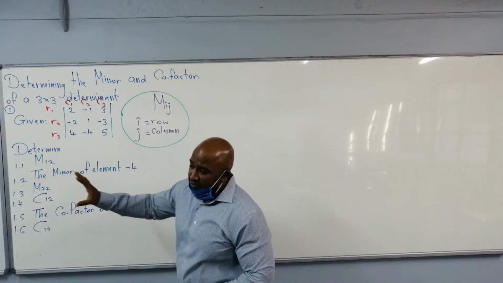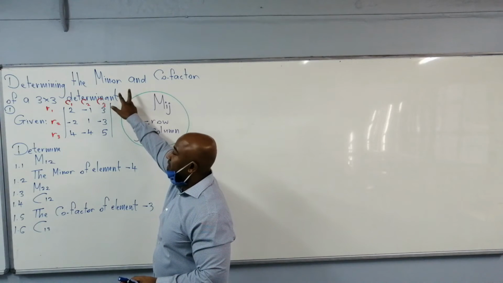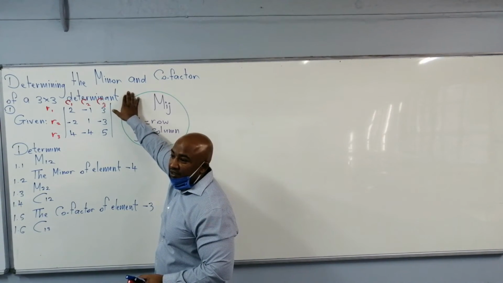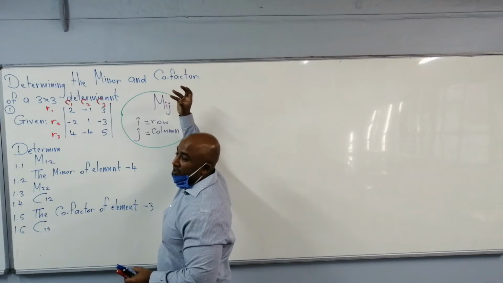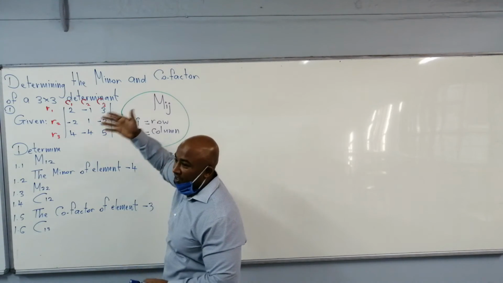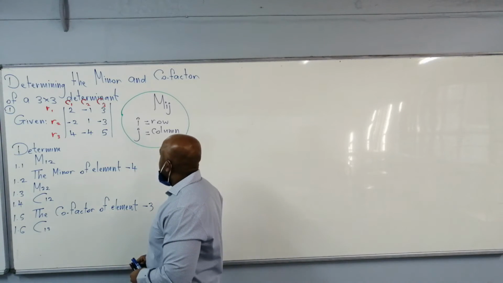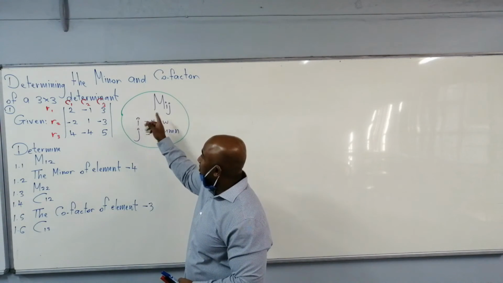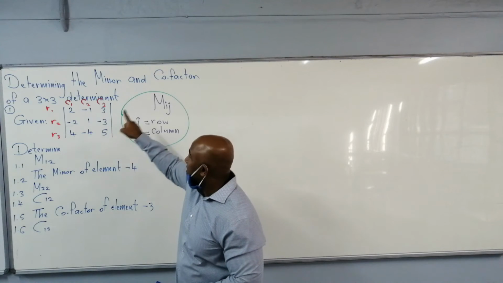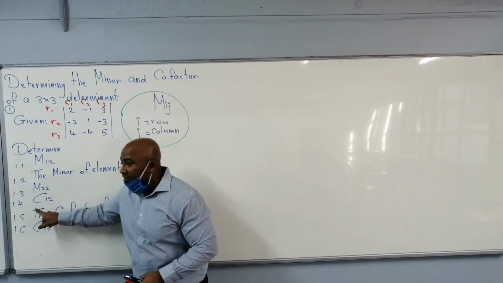Before we come to that stage, you need to know the definition, how to work out the minor, and then the cofactor, and then once we know the cofactor, then you can evaluate your determinants. So, M stands for minor, C will stand for cofactor.